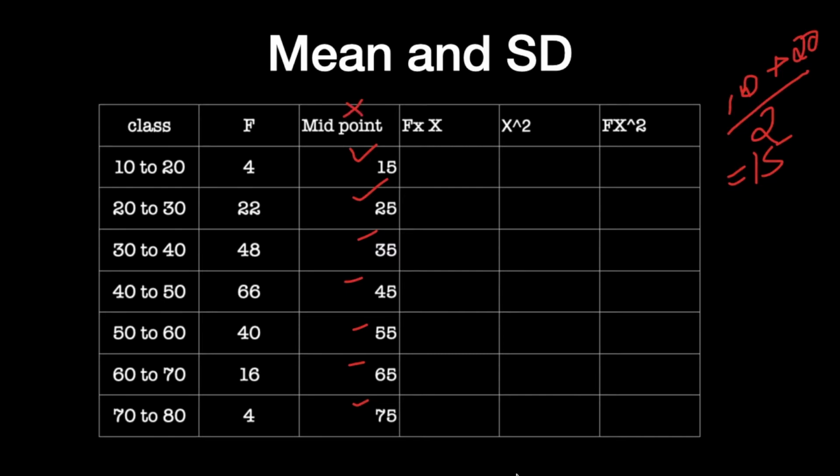Now, for calculating the mean, the formula is sigma fx divided by sigma f. So we need sigma fx, that is f into x. For calculating f into x, we multiply the given frequencies with the midpoints. So 4 into 15, 22 into 25, 48 into 35, 66 into 45, 40 into 55, 16 into 65 and 4 into 75.